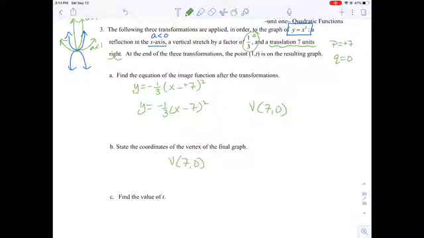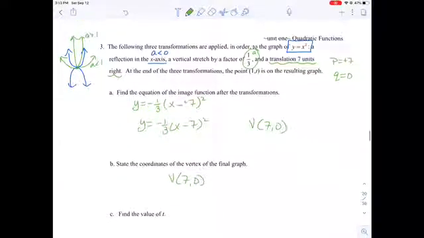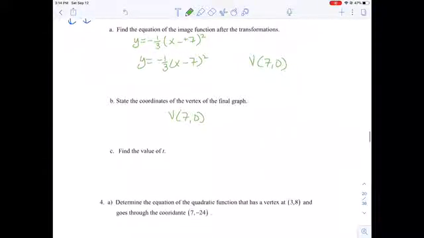Then it says find the value of t. So if I want to find the value of t, at the end of the 3 transformations, it says the point (1, t) is on the resulting graph. So let's go back to our equation for a second. y equals negative 1/3 (x minus 7) all squared. I know I have some point (1, t) on my graph somewhere is what that's saying. And this is x and this is y.